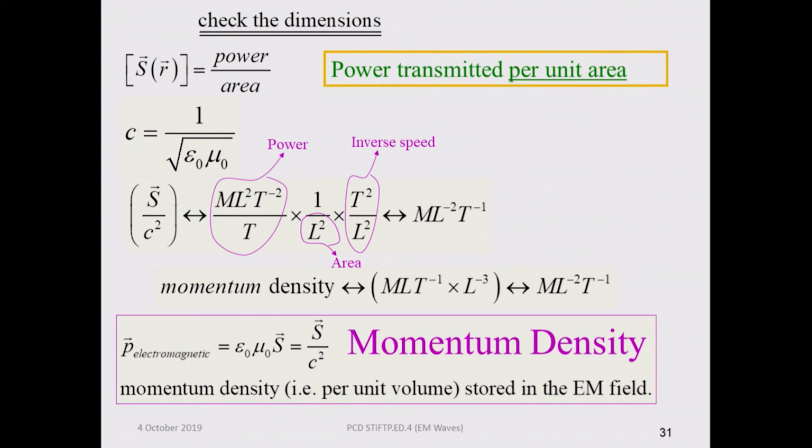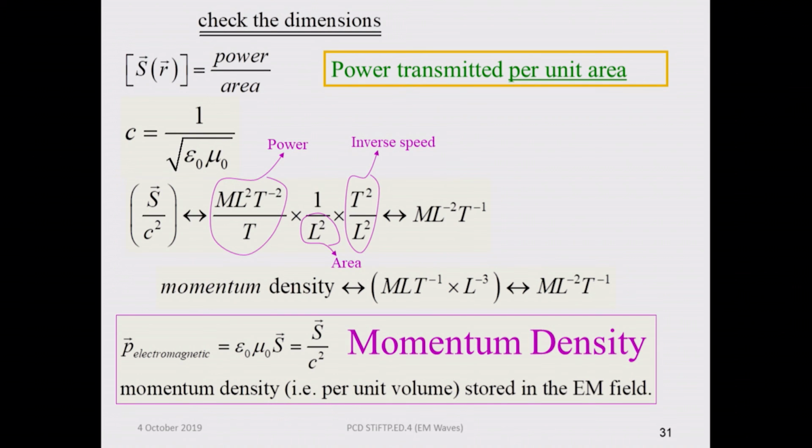You get the power over area to give the correct dimensions of the Poynting vector. So you can get it from doing straightforward dimensional analysis, and the dimensions of S over c squared, not S itself but S over c squared, or 1 over c squared, is nothing but epsilon 0 mu 0.